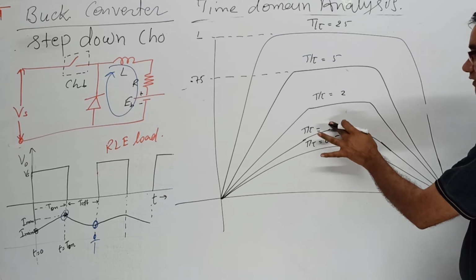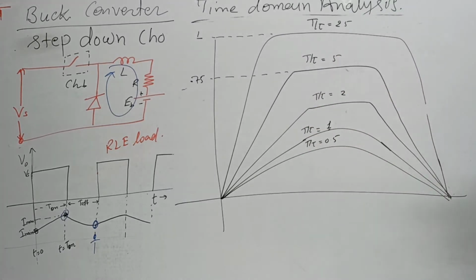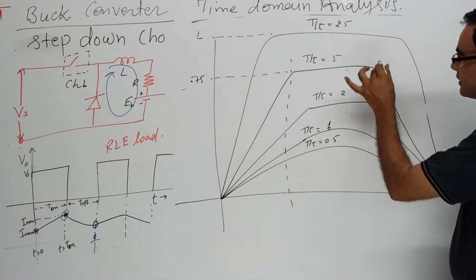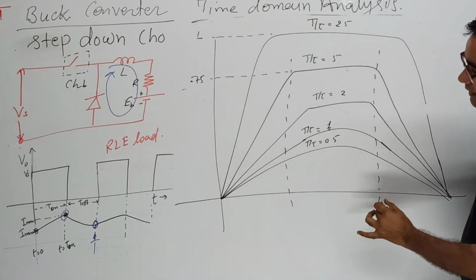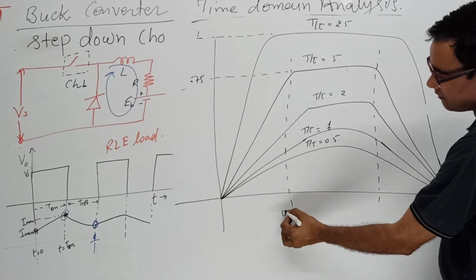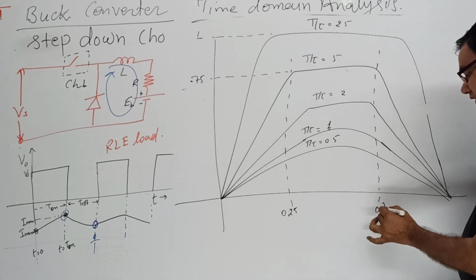So these are the different values, and the value with respect to percentage output value, the ripple content. And you will see in this range the ripple remains constant, and that range is from 0.25 to 0.75.